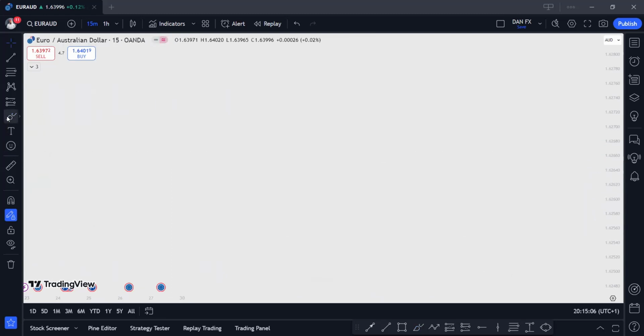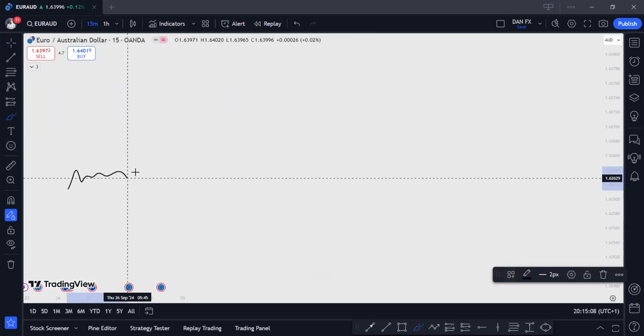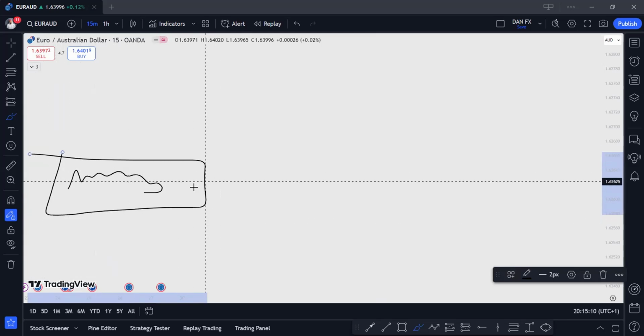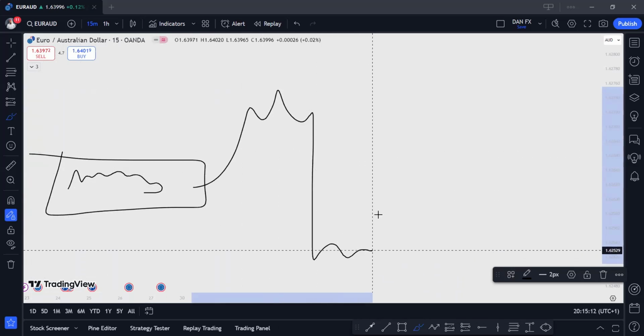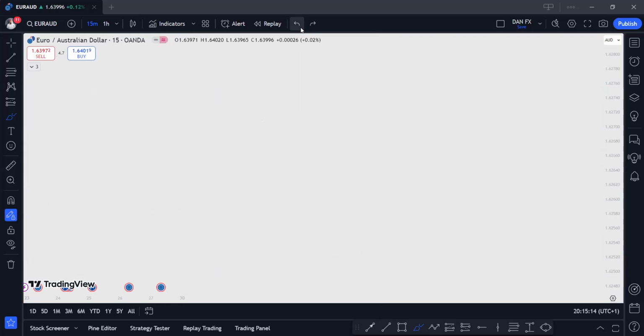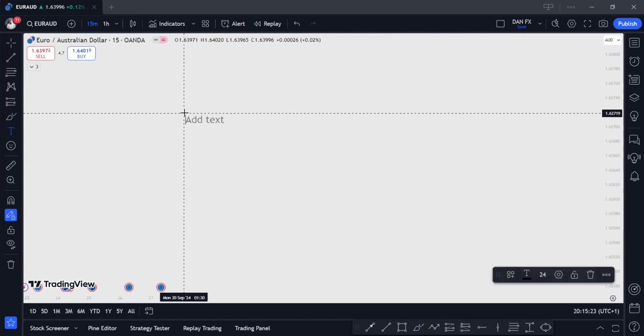So now, why do you think that they usually consolidate during Asian session? They move during London session and New York session on currency pairs that have a London currency and a New York currency. So for example, we have something like GBP/USD, right?